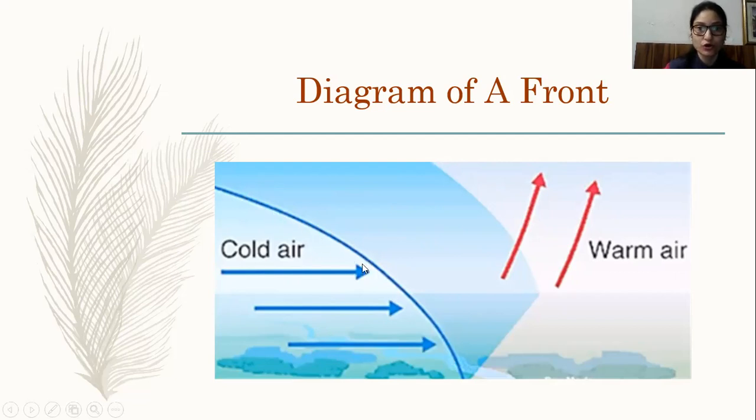What is this zone called? This is the 3D zone, which is the front. So this 3D zone or 3D boundary or sloping, slanting surface is known as the front. Now, since this is also blue in color, we can understand that this is a cold front.